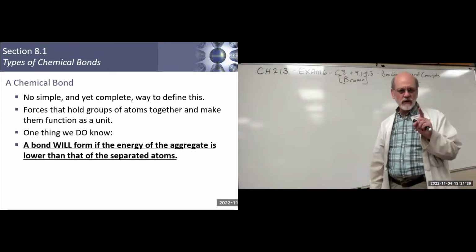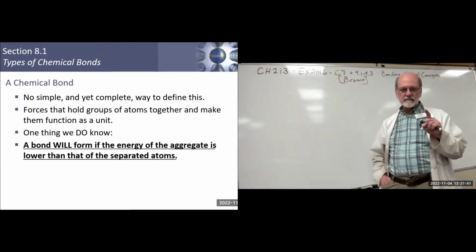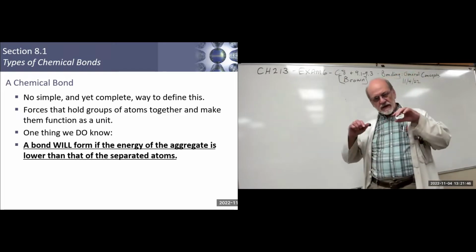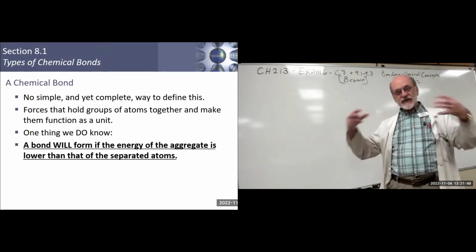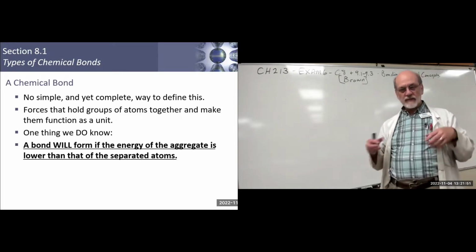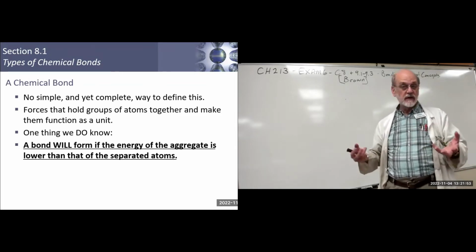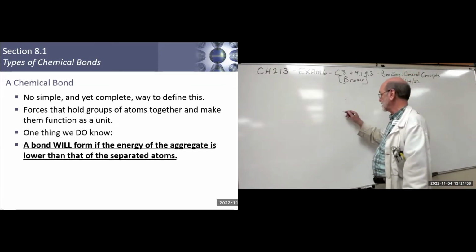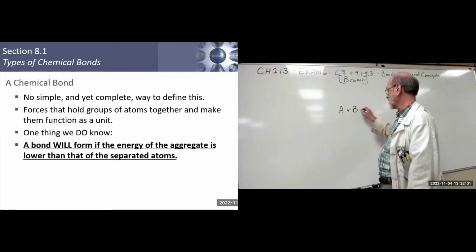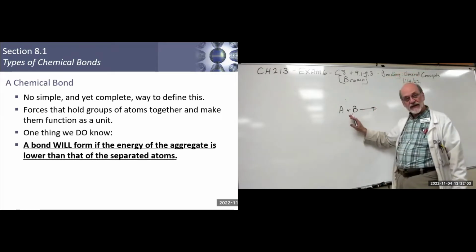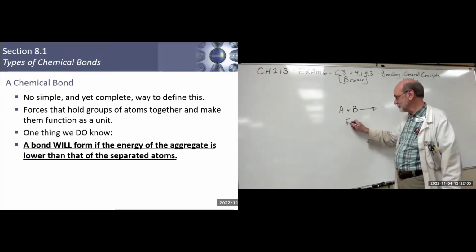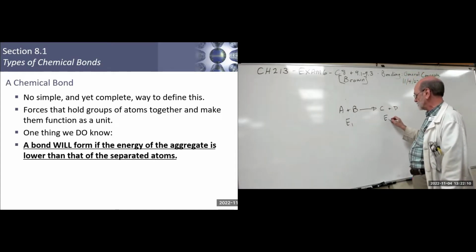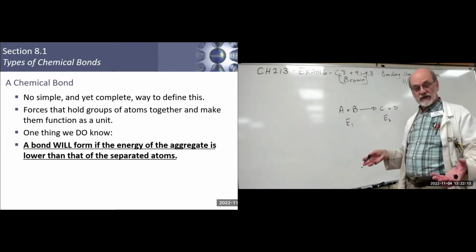Here's one thing that we do know about chemical bonds. When the bond forms, the energy of the separate parts, whether they be atoms or molecules, before, in other words, the reactants, is at a certain level, and the products have a different level of energy.